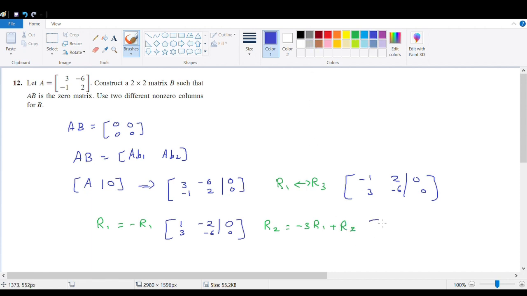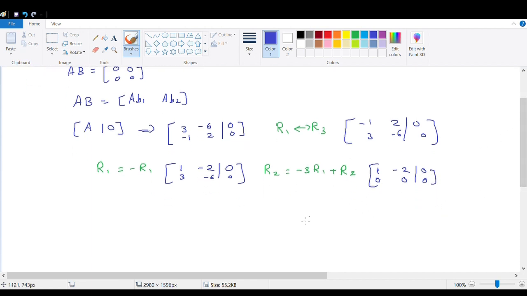This will give us -3 plus 3 is 0. Let us write the first row. -3 plus 3 is 0. -3 multiplied by -2 is 6. 6 minus 6 is 0. And here we have this one is 0.